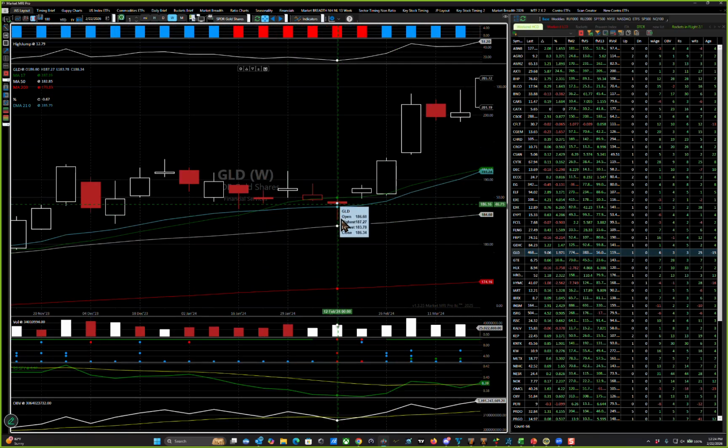This to me is a valuable candle right here. Why? Because gold was in a downtrend. It had a doji. And then John has rules about within how many days you close above the high of that day. Well, you did the next day. So that becomes a high close doji, which is a very bullish candle.